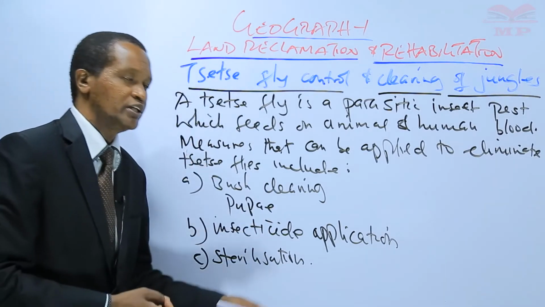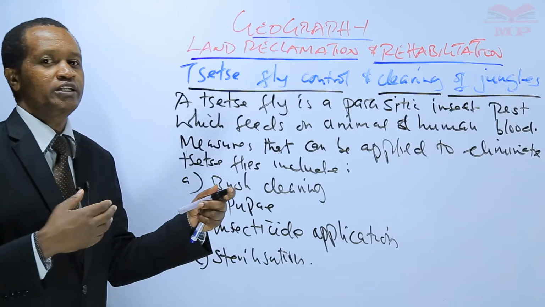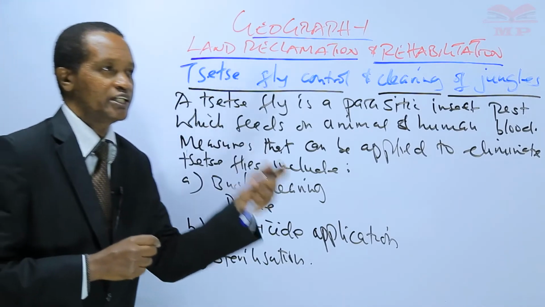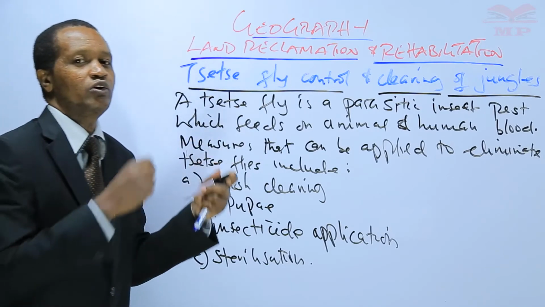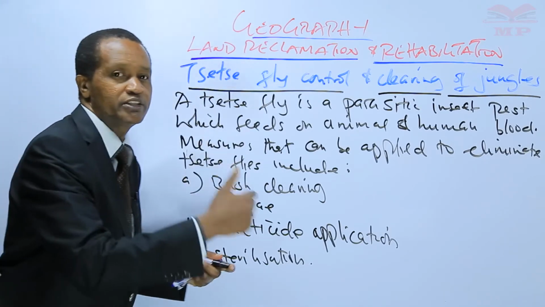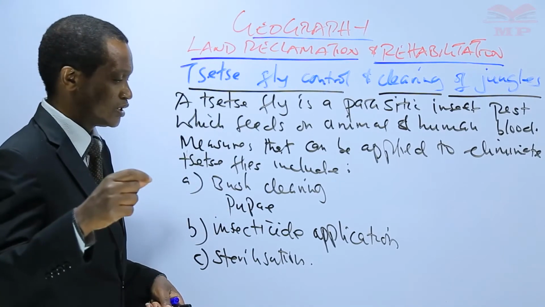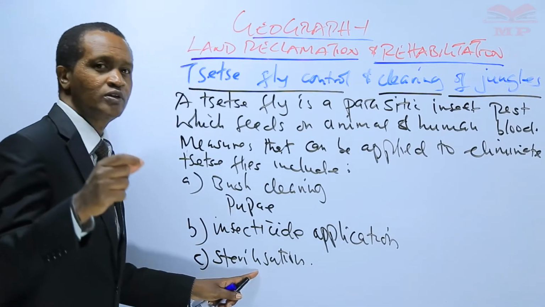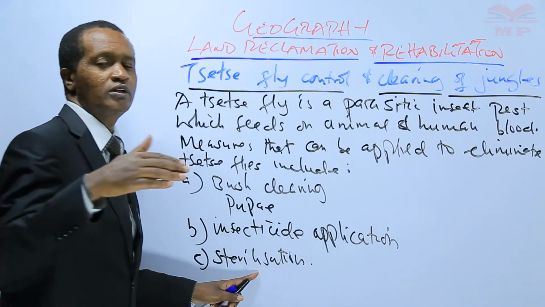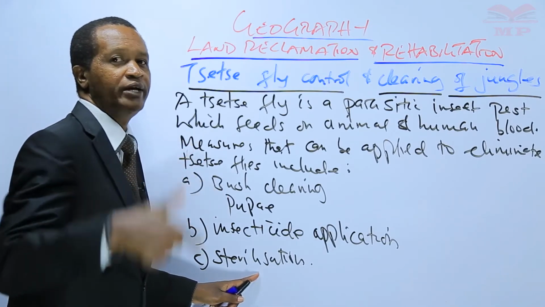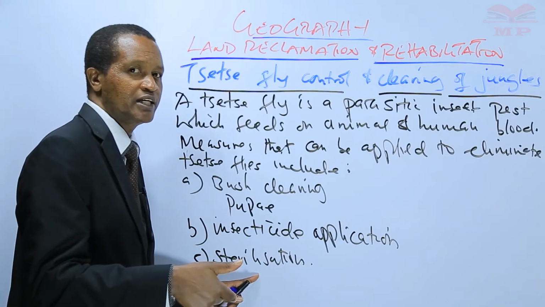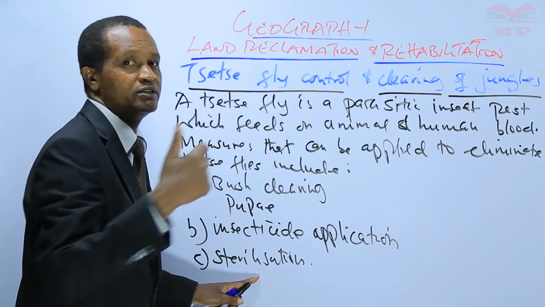I've said it can be done by cross-breeding closely related species, which can result in the sterility of the males. The other method of sterilization relies on laboratory-bred males, which are sterilized and released into the wild.